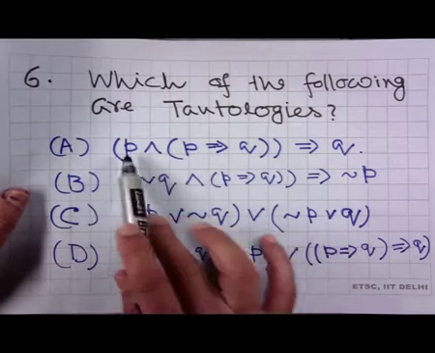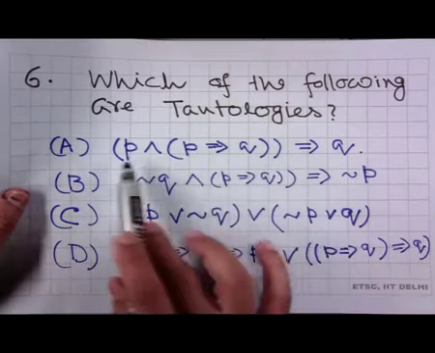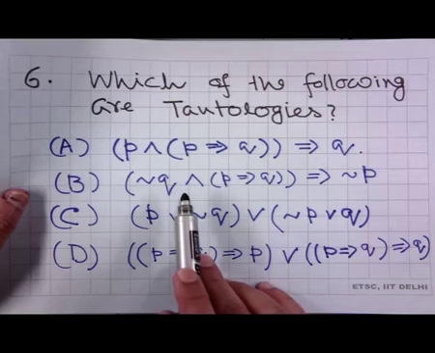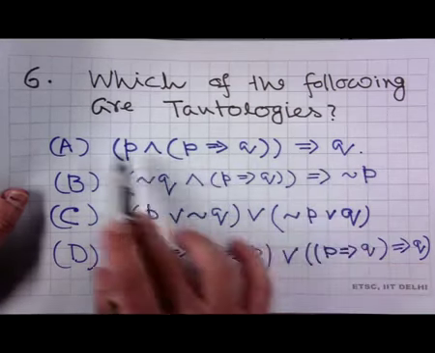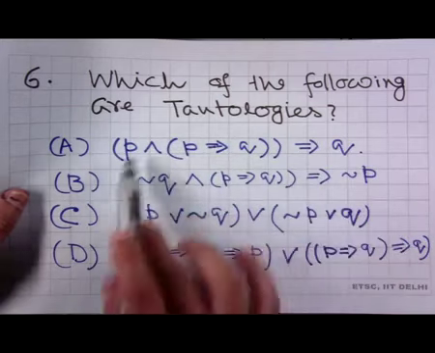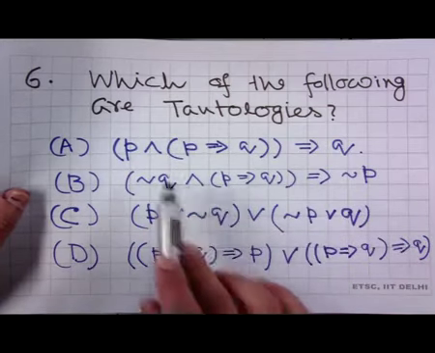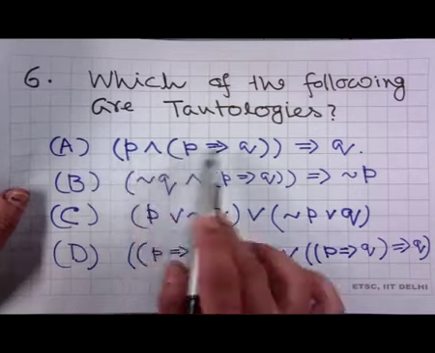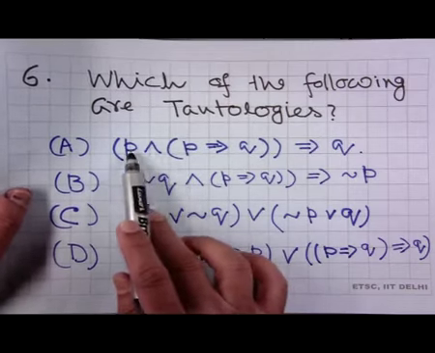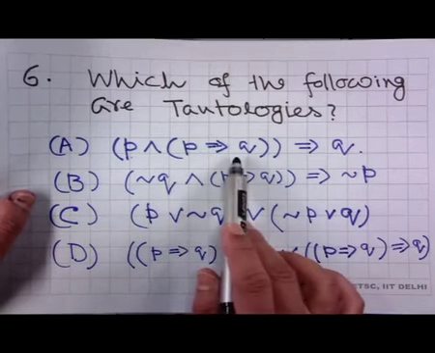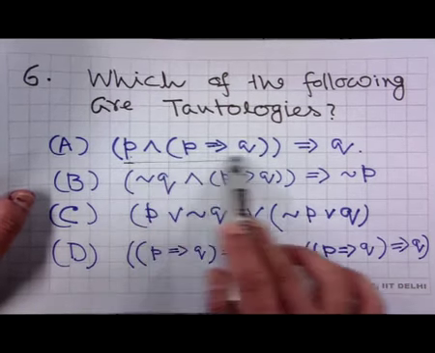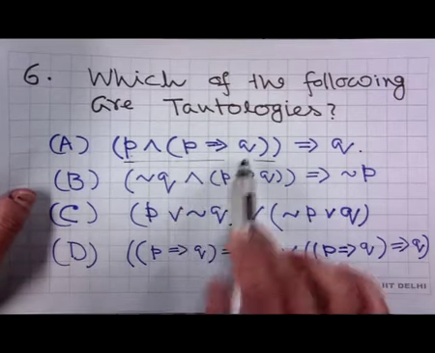All are involving only two variables, two statements P and Q. So, we have to find out the truth value of these statements against all possible arrangements of truth values for P and Q, and then if that gives us true, then this is a tautology.